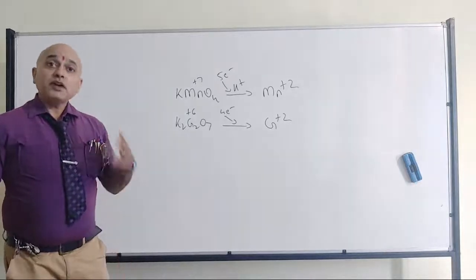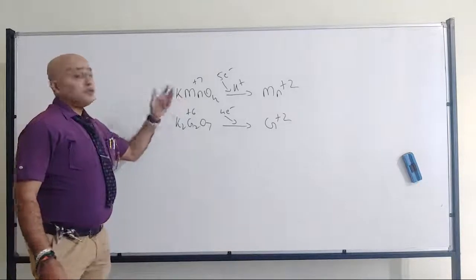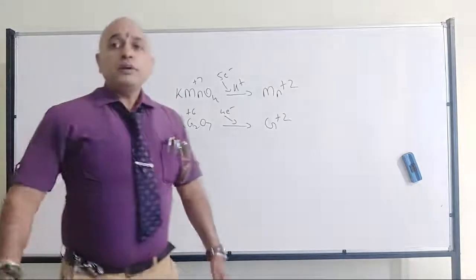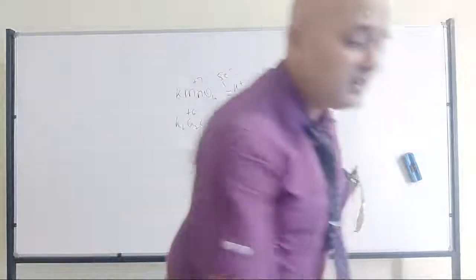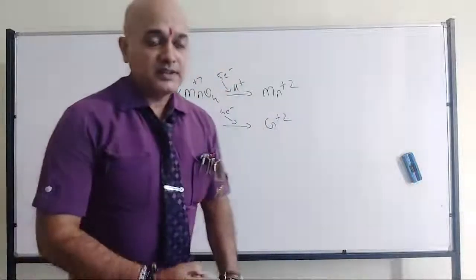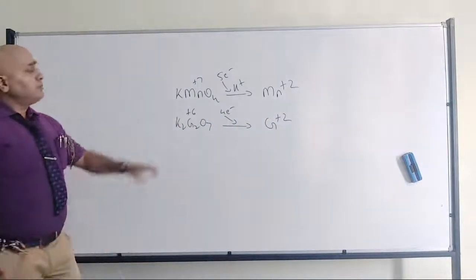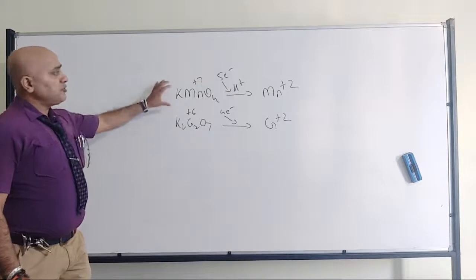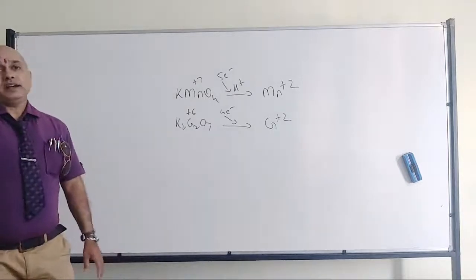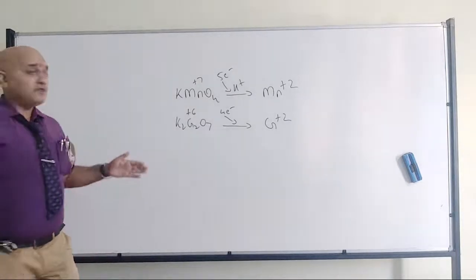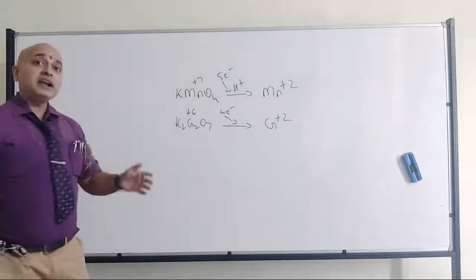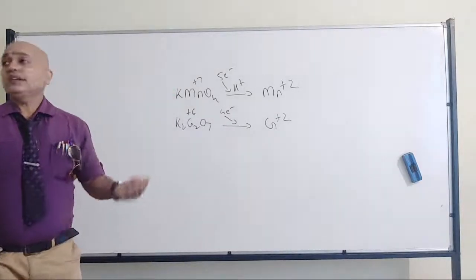Yes, with the number of electrons we can tell KMnO4 is dominating. But depending on the required condition, people will use either potassium dichromate or potassium permanganate. But as a molecule, permanganate is going to accept more electrons.